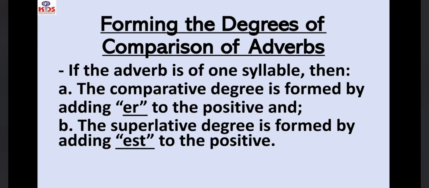There are a number of ways in which the degrees of comparison of adverbs are formed. If the adverb is of one syllable, then the comparative degree is formed by adding er to the positive, and the superlative degree is formed by adding est to the positive degree. Let's understand this with a few examples.